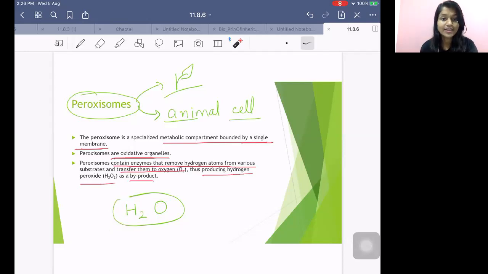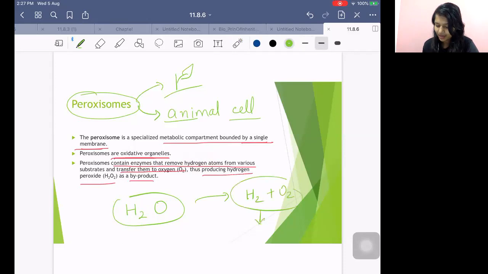Now, the next question arises. What does it do with the hydrogen? The hydrogen which it is pulling, that hydrogen it is transferring to O2 and it is making H2O2.